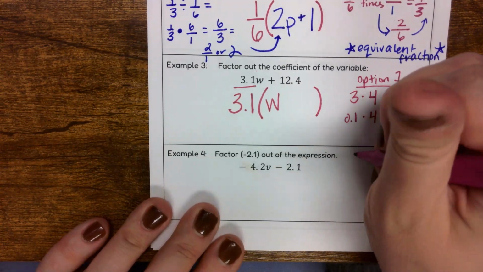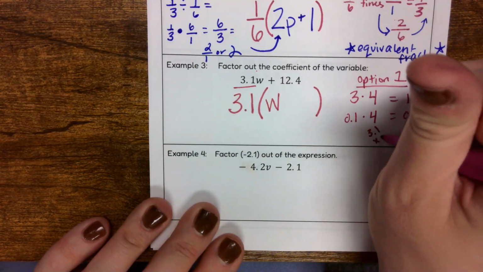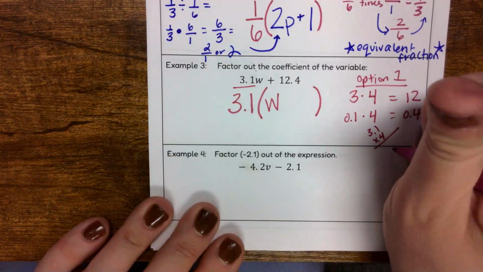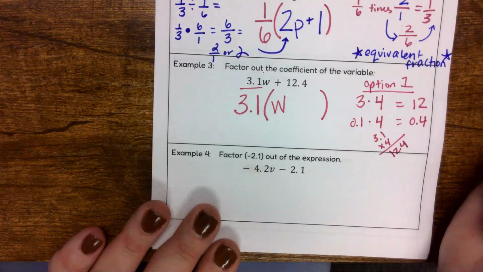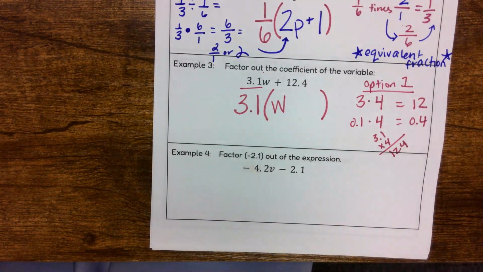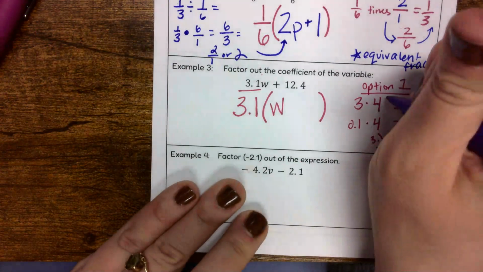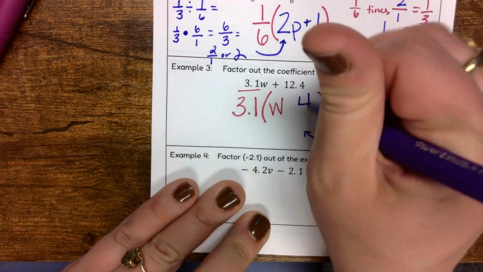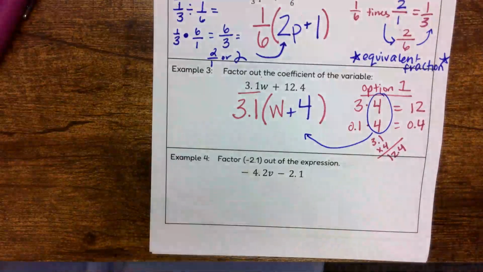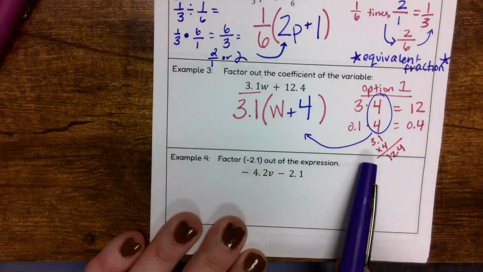Or you can think through 3.1 times 4 gives us 12.4. Okay, so that worked. So that means that 4 is the number that goes here. So it would be w plus 4. Okay, so we kind of guessed and checked.